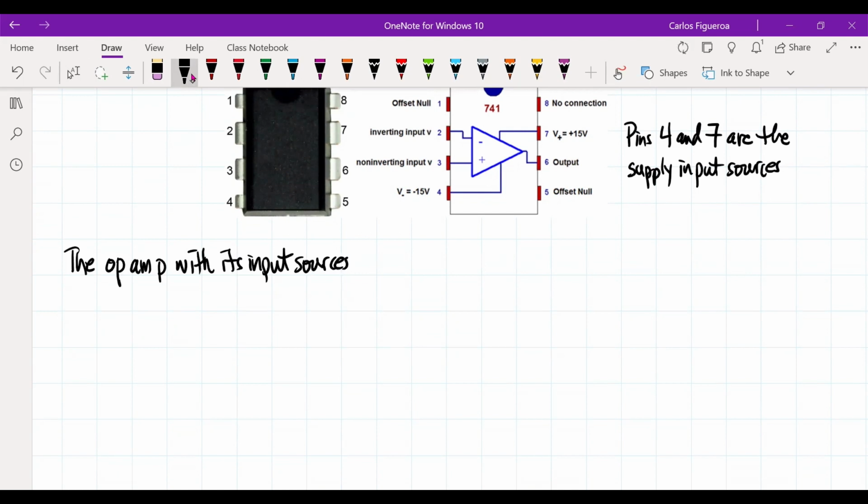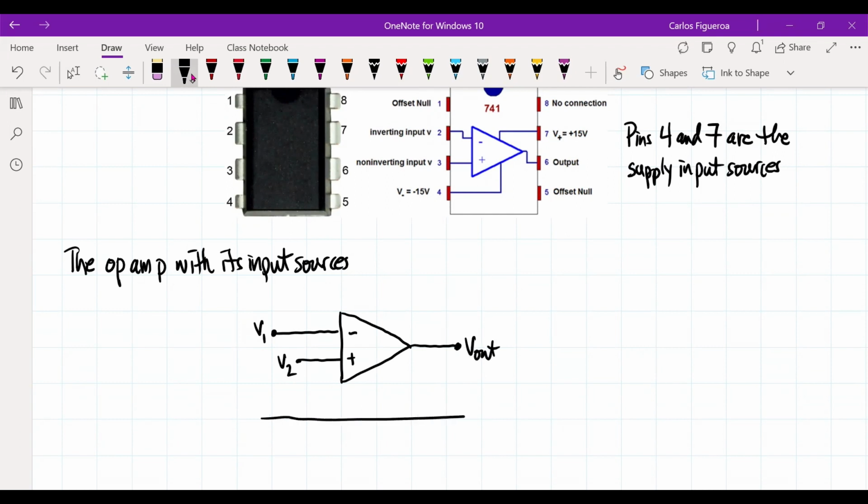So we have this guy right here. So we have pin V1, V2, and then of course we have our output. And as we said before, everything is measured relative to the ground.